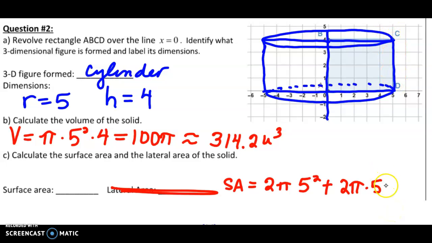That's the other dimension of your rectangle that wraps around. So this is going to turn out to be 90 pi. And if you did round, that would be 282.7 units squared, because it's an area. All right, that's kind of long, sorry.